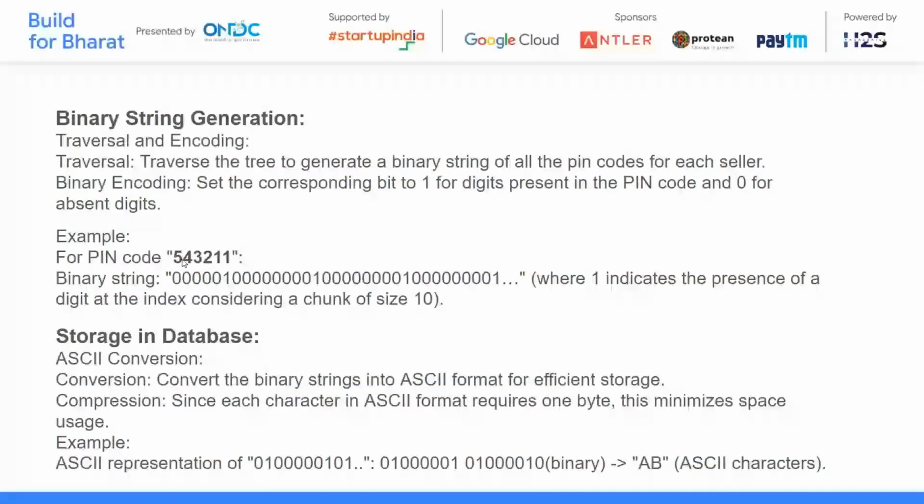And after this binary string is generated, we will divide it into chunks of 8, and each 8-digit chunk will be converted into an ASCII character, and we will only store the ASCII characters. So it will be represented in a more efficient way in the database.